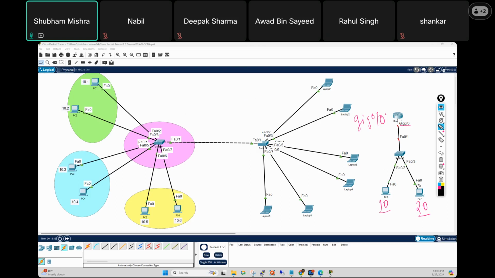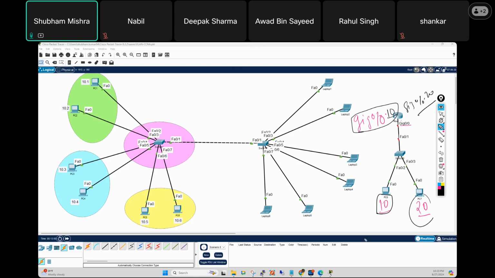So what is the VLAN number here? 10. So I will create Gig 0/0.10. By the help of this, I can understand that dot 10 means this is VLAN number 10. Are you getting my point? You can write any number, there is no problem. But we suggest always writing the number according to your VLAN. Clear? And here I will create Gig 0/0.20.